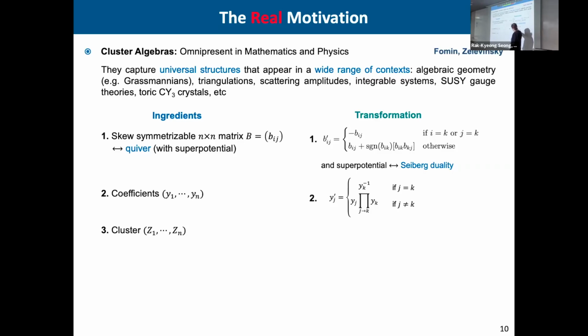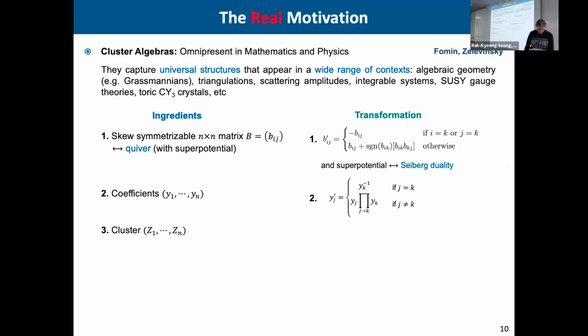The coefficient of the dualized node gets inverted, and other coefficients pick up contributions proportional to the dualized node for every arrow that connects it by an incoming chiral field, or an incoming arrow into the dualized node, right?